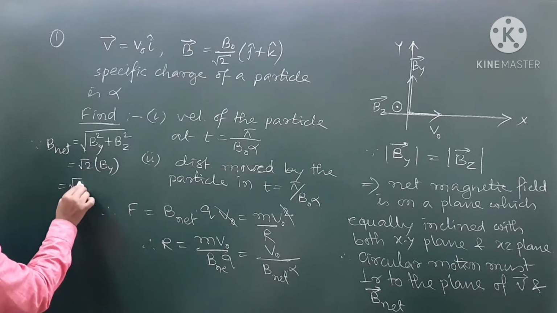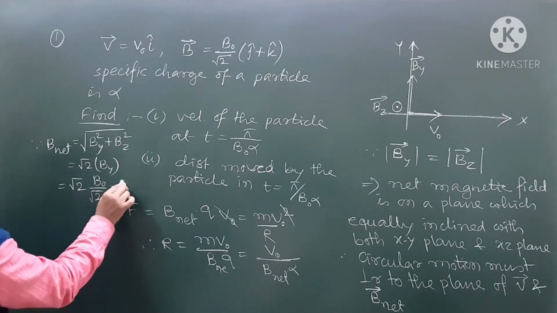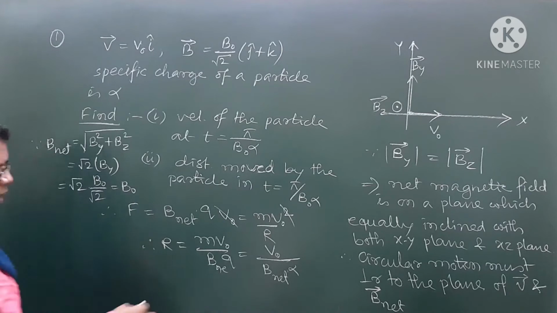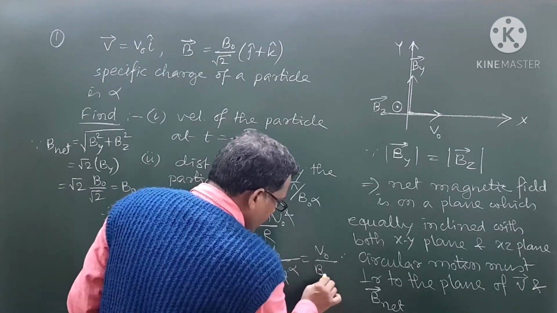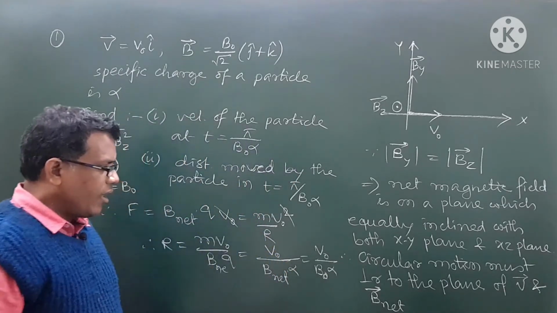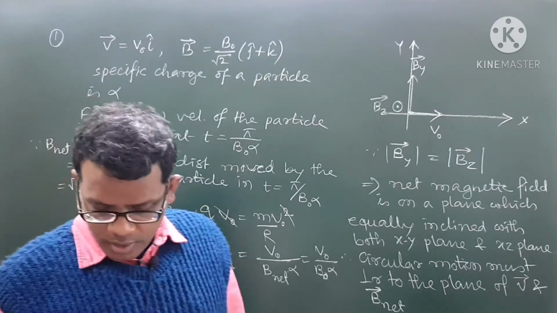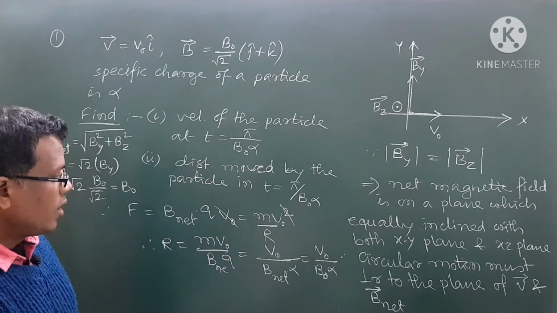So it is root 2 into B naught by root 2, that means this is equal to B naught only. So B net is B naught, therefore it is v naught by B naught into alpha. Got my point? So the radius of the circular motion is coming v naught divided by B naught alpha.